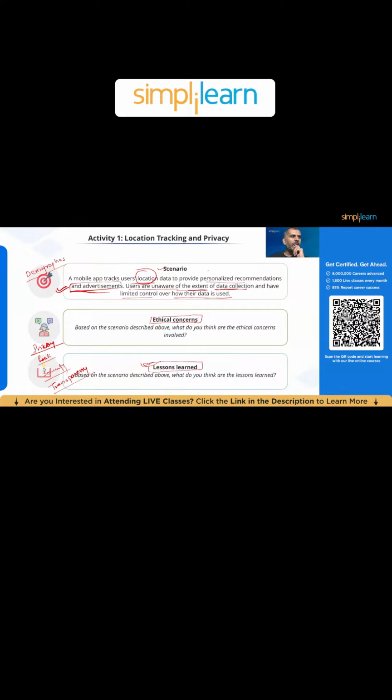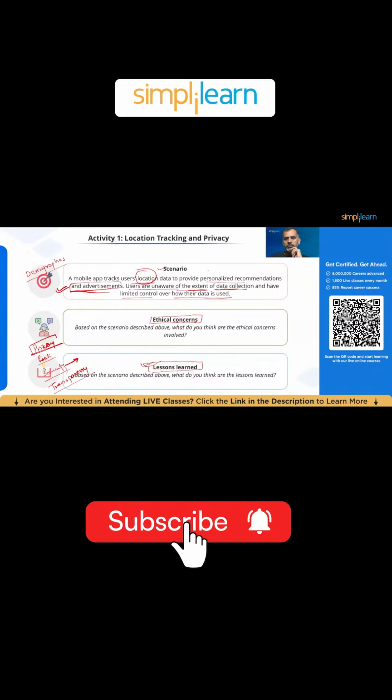Then you need to have a proper privacy policy also. Then you have to provide a proper security mechanism to safeguard the data, and you have to provide proper control over the data as well. So if the user is interested, they can actually change their information and settings.